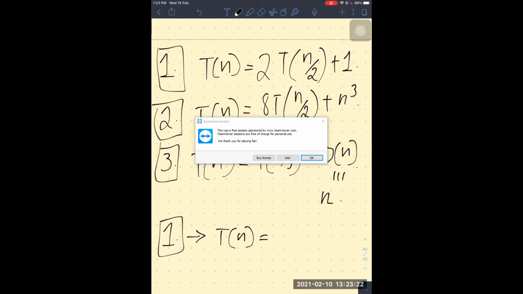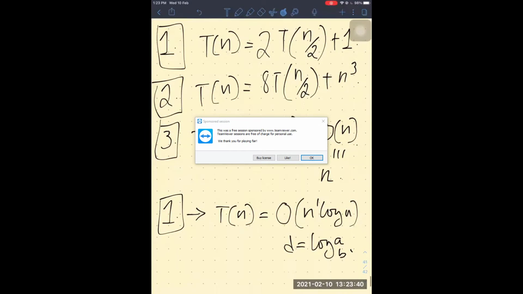For number one, I got big O of n to the power 1 log of n. Yeah, exactly, big O of n to the power 1 log of n, because d equals log of a base b. It's correct.